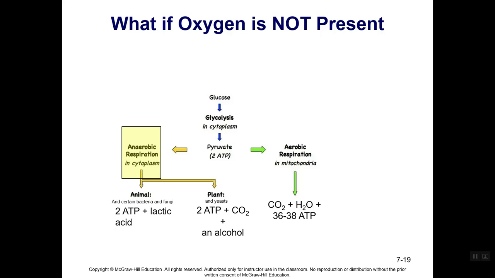This process of fermentation occurs differently depending on the type of organism we're referring to. In animals and some bacteria and fungi, we will have lactic acid fermentation. It's called lactic acid fermentation because it results in lactic acid being formed as well as ATP. And then in plants and yeast, ATP will form as well as CO2 and some sort of alcohol.